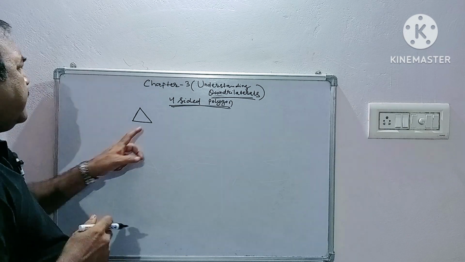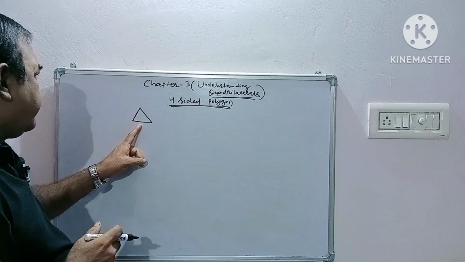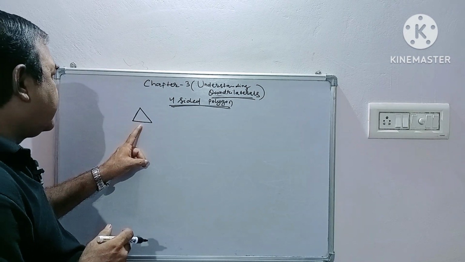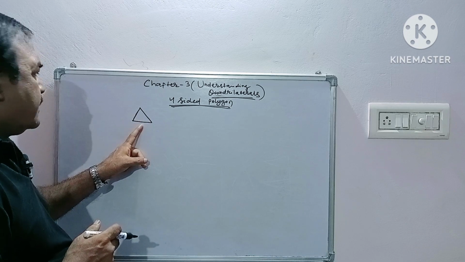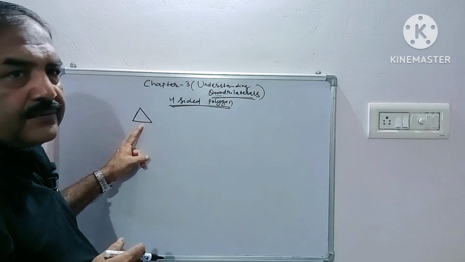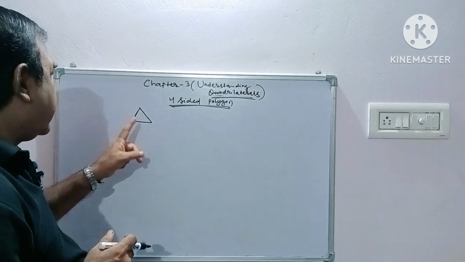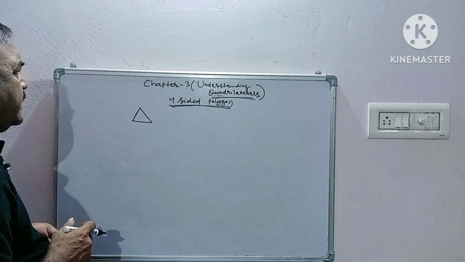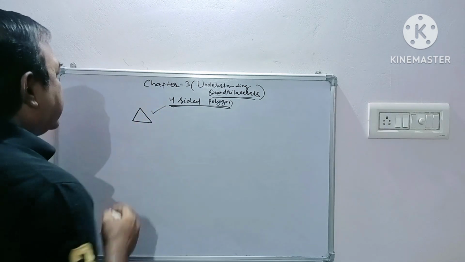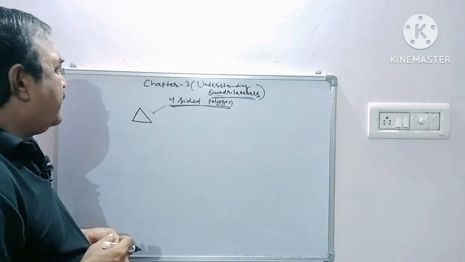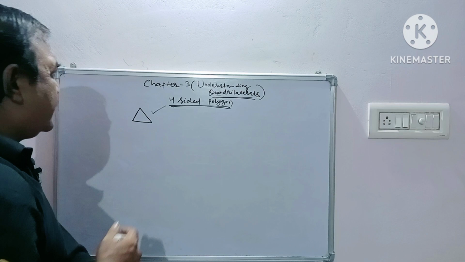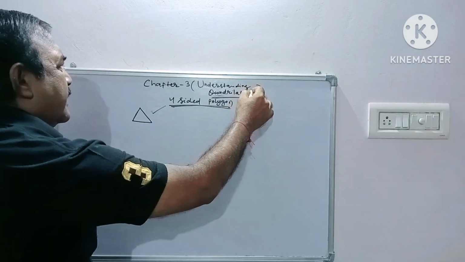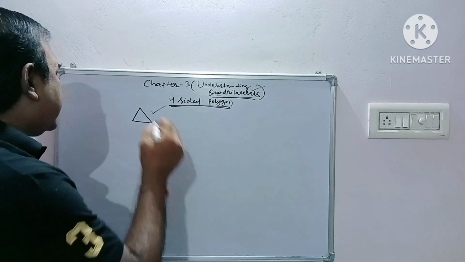You see, it is made up of line segments. It is a simple curve, and it is a closed curve. Three conditions are satisfied, so it is a polygon. So the simplest polygon is the triangle. But we will study today about the quadrilateral, a four-sided polygon.